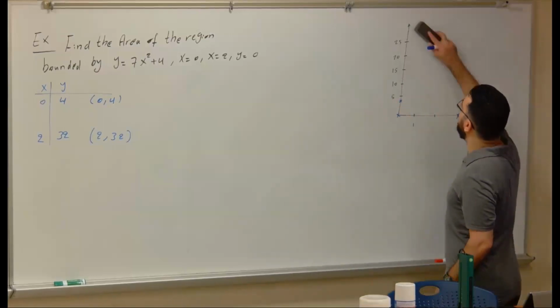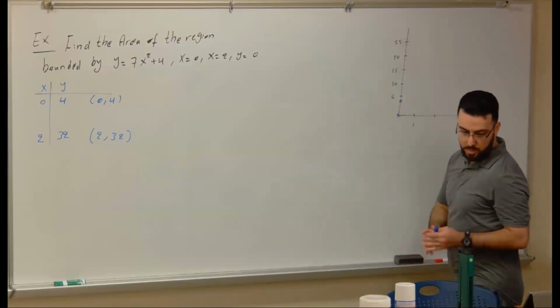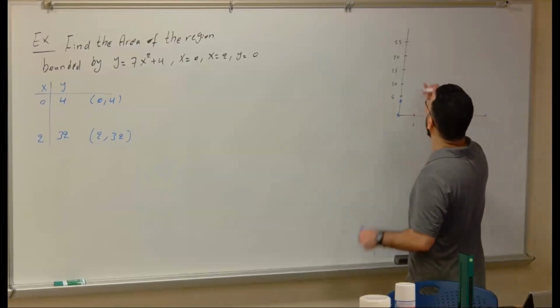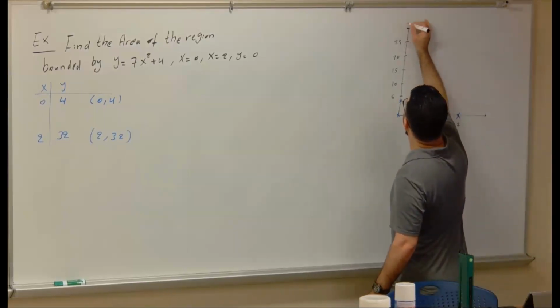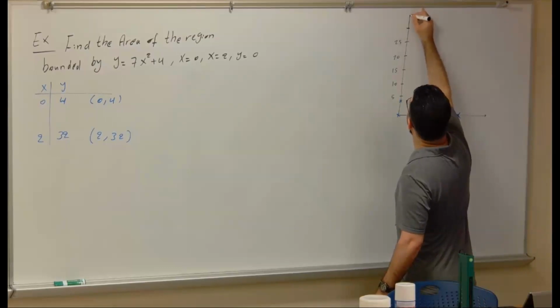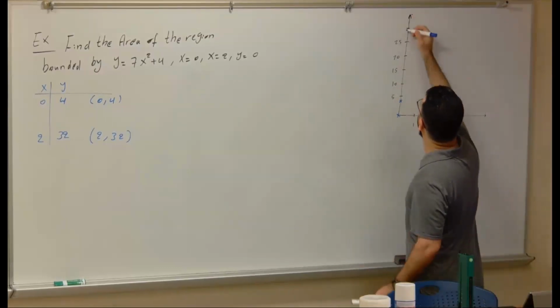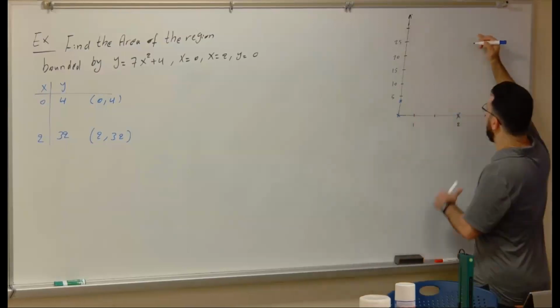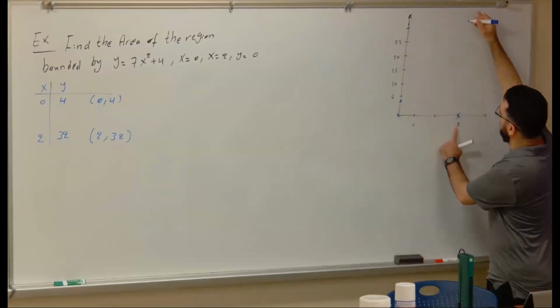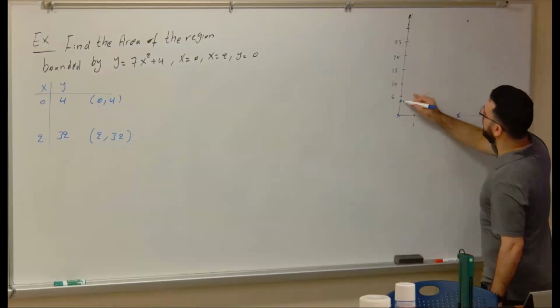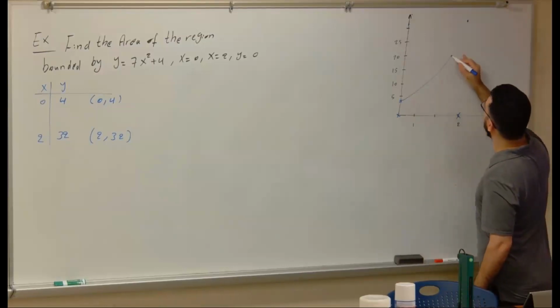So when x equals 2 it's going to be 32 here. That means our curve is going to be like this.